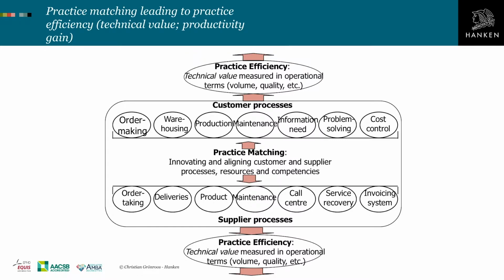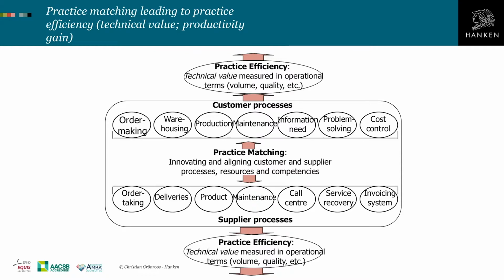Now, looking up on the slide, on the customer side, the way the supplier then supports the various customer processes will have an effect of a technical sort, a sort of technical value measured in operational terms on the customer's processes. We can call that practice efficiency or process efficiency.